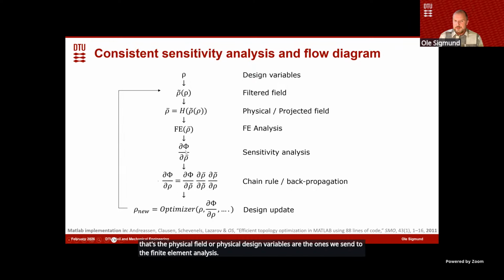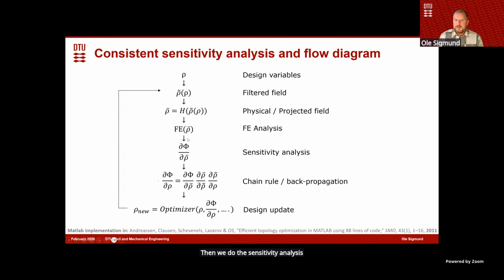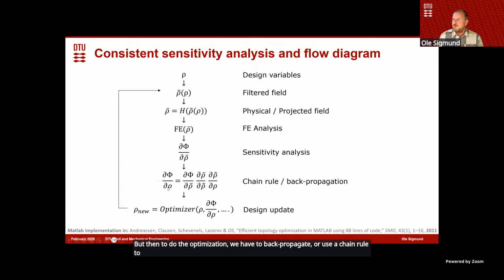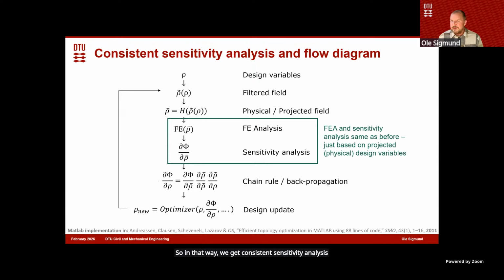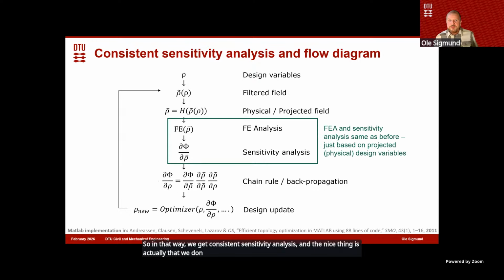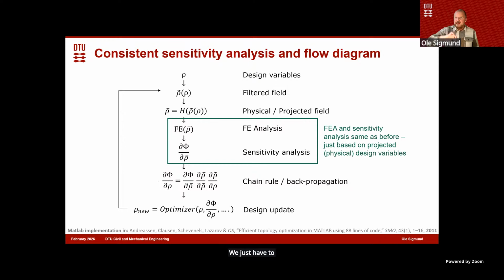Then we do the sensitivity analysis based on these physical variables, but to do the optimization, we have to backpropagate, or use the chain rule, to get the sensitivity with respect to the original design variables. In that way, we get a consistent sensitivity analysis. The nice thing is that we don't have to do much. We just have to do a pre-filtering and then this backpropagation afterwards to obtain the sensitivities and run the optimization. That's the way to implement it.